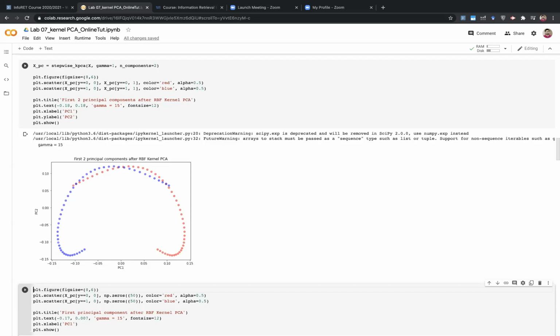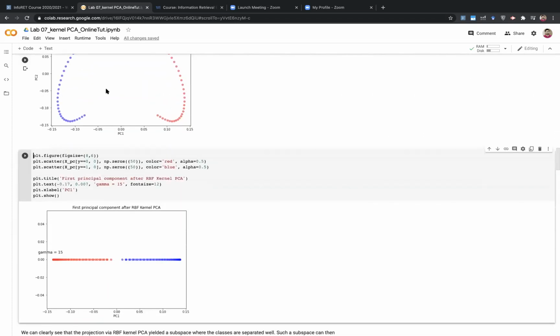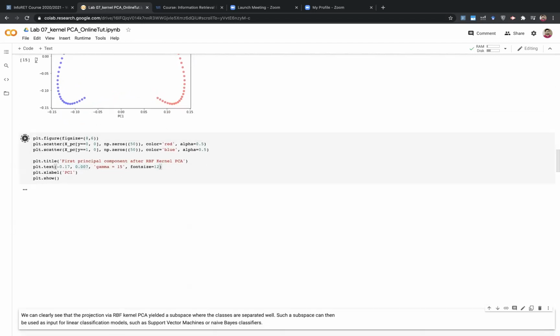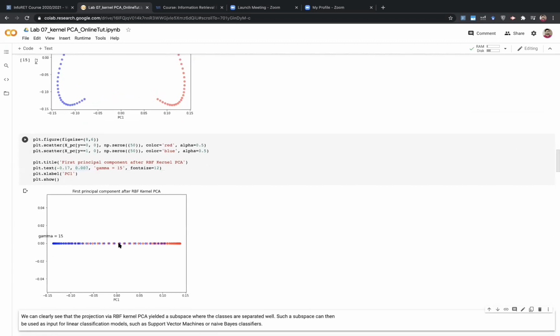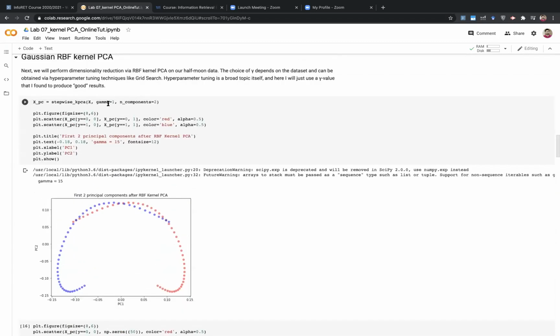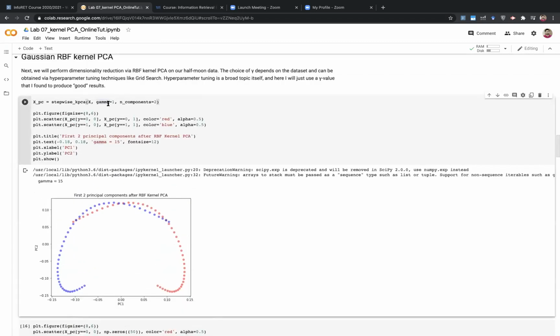There's an overlap between the blue and the red class, and also in the first principal component there will still be some overlapping happening. So this gamma has a very important role to play. That's why we say hyperparameter tuning plays a big role.